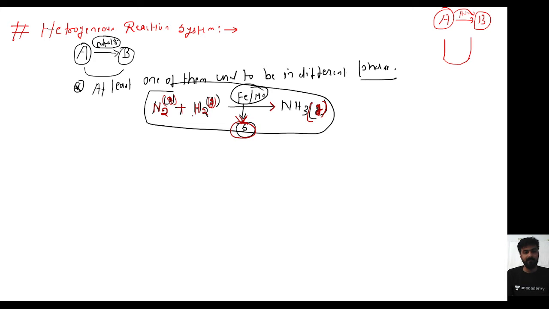So now when we talk about, my dear student, heterogeneous reaction system, there are different types of rate of reaction that you need to define here. And so the first rate of reaction that I'm going to define is the solid gas catalytic reaction here.